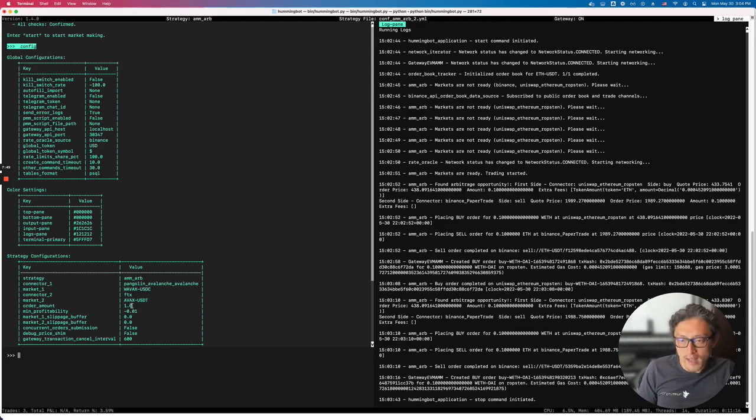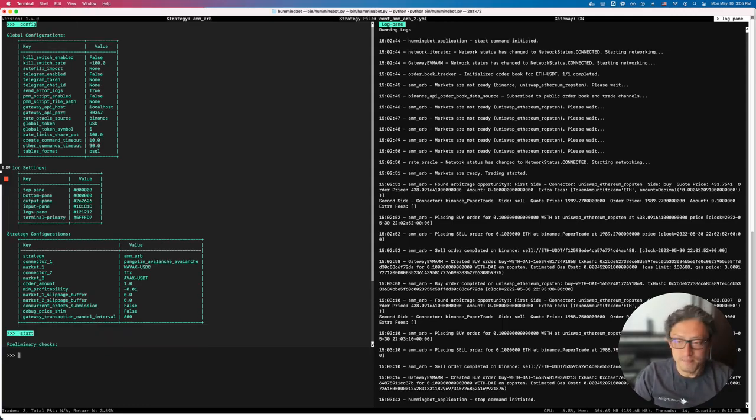One AVAX token is the order amount, and I've set the min profitability at negative 0.1 here. Basically, I just wanted this to make a trade if it's at all profitable, or even if it's slightly negative.